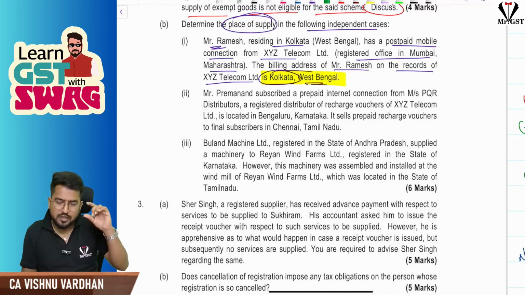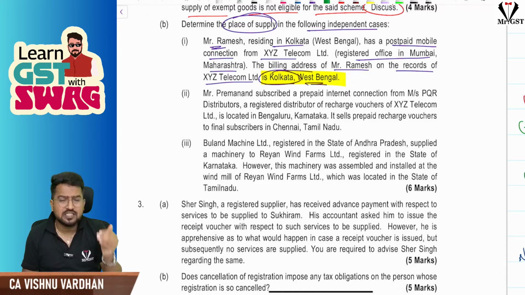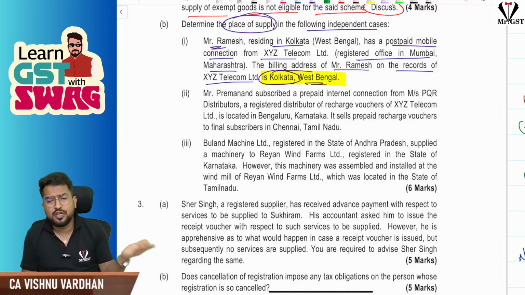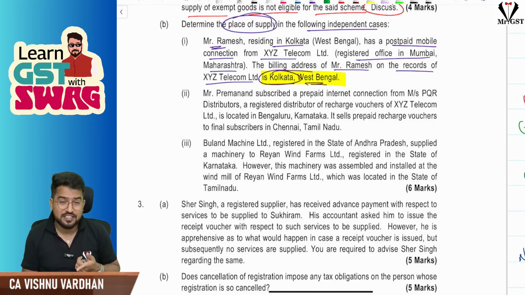See how to present the answer. First of all, you should write the provision. According to the provisions of, if you remember the section number, write the section number. If you don't remember, write according to the provisions of the IGST Act 2017, the place of supply in case of telecom services provided through postpaid connection is the address of the recipient available in the records of the supplier.